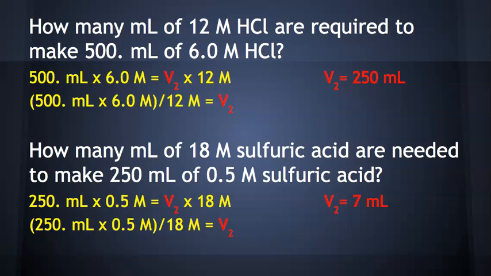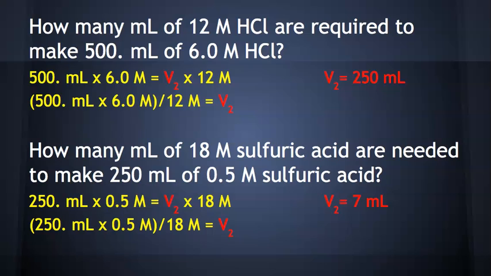So then I'm just going to divide both sides by 12 and say 500 times 6 over 12 equals V2. And V2 is 250 milliliters. Note, whatever unit of volume I use on one side is going to be the unit that I get on the other side. So if I had done this calculation in liters and said half a liter, my V2 would have been a quarter of a liter, 0.25.